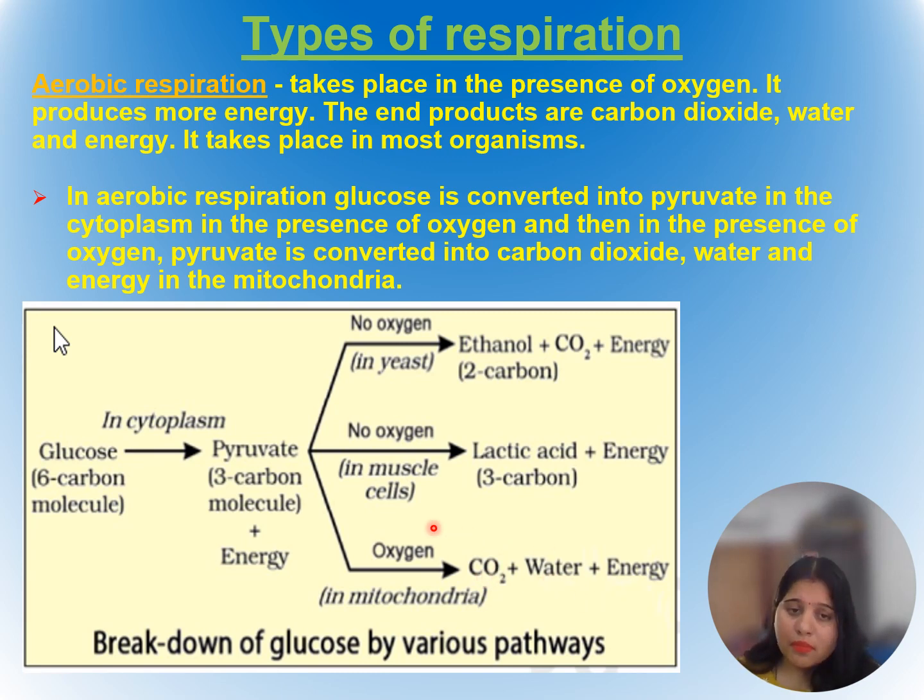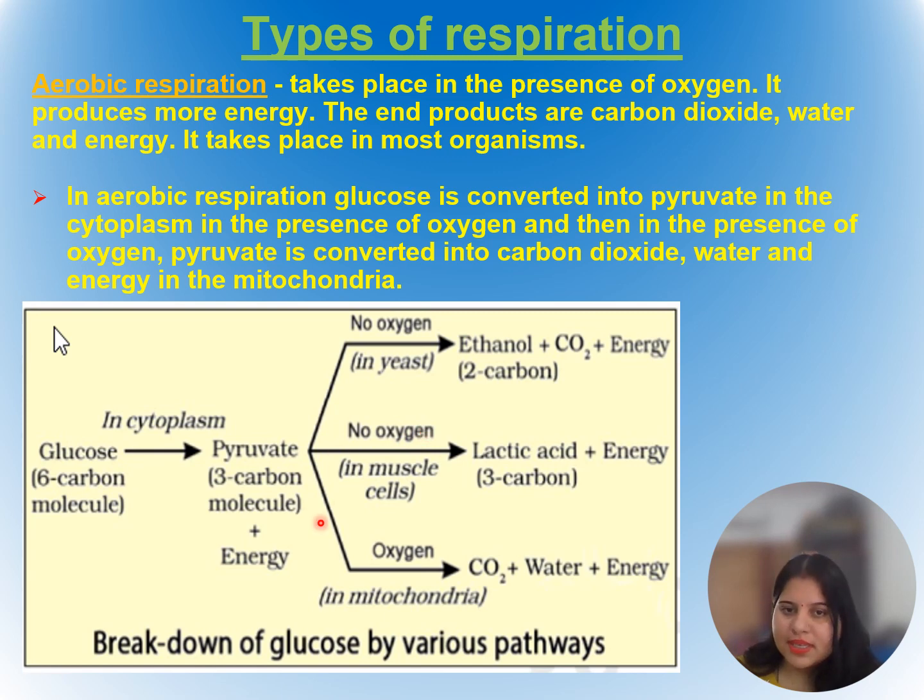Now when the breakdown of the pyruvate molecule takes place in the absence of oxygen in yeast, which is a fungus, the pyruvate molecule gets broken down into ethanol, carbon dioxide gas and energy. So you will get ethanol as the product in the absence of oxygen.